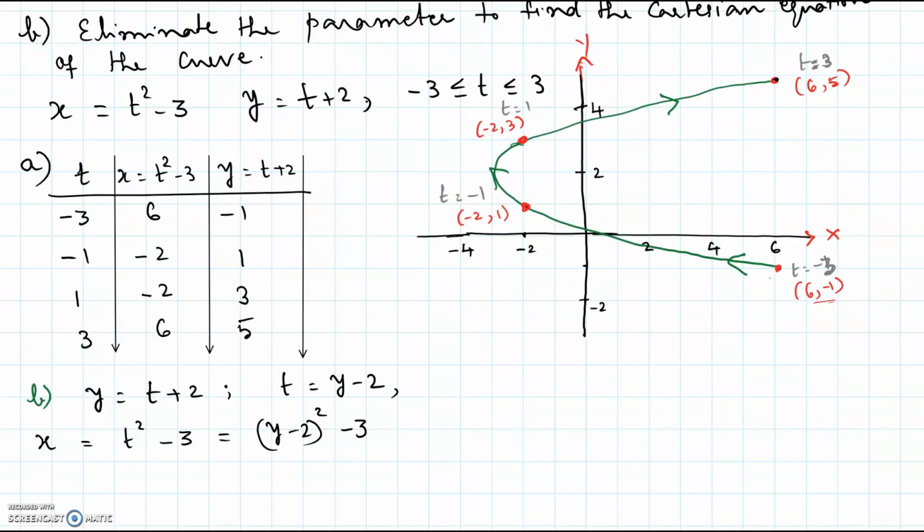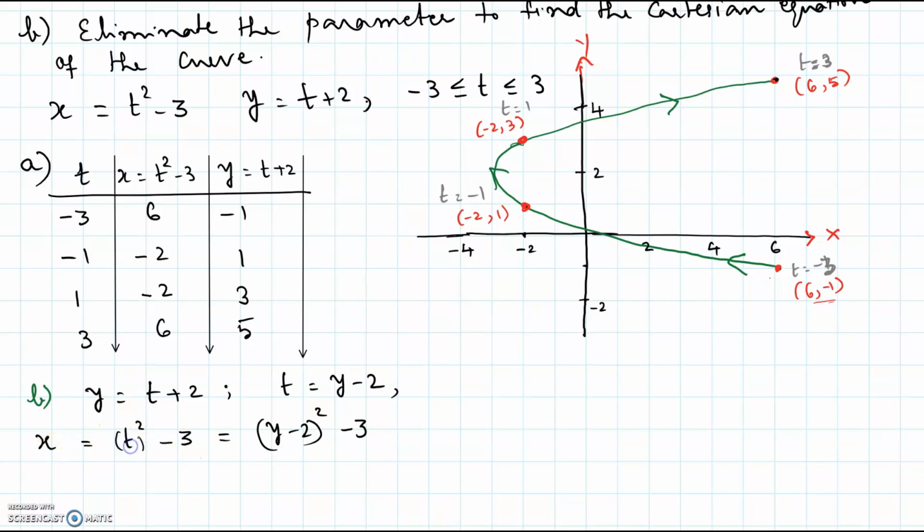For the second part of the problem, we are asked to eliminate the parameter to find the Cartesian equation of the curve. So y is equal to t plus 2 in parametric form. If you solve for t, it becomes y minus 2. Then we substitute that for t into the equation x equal to t square minus 3.